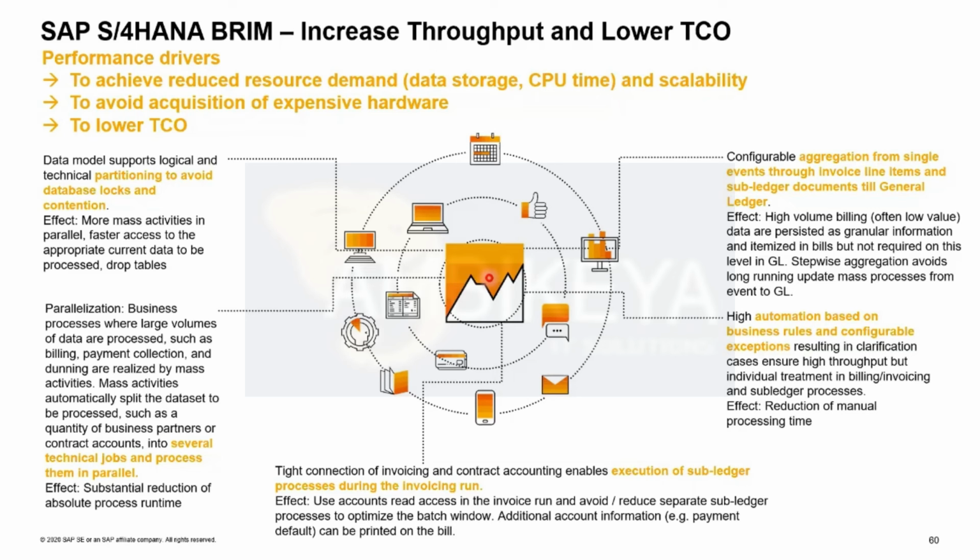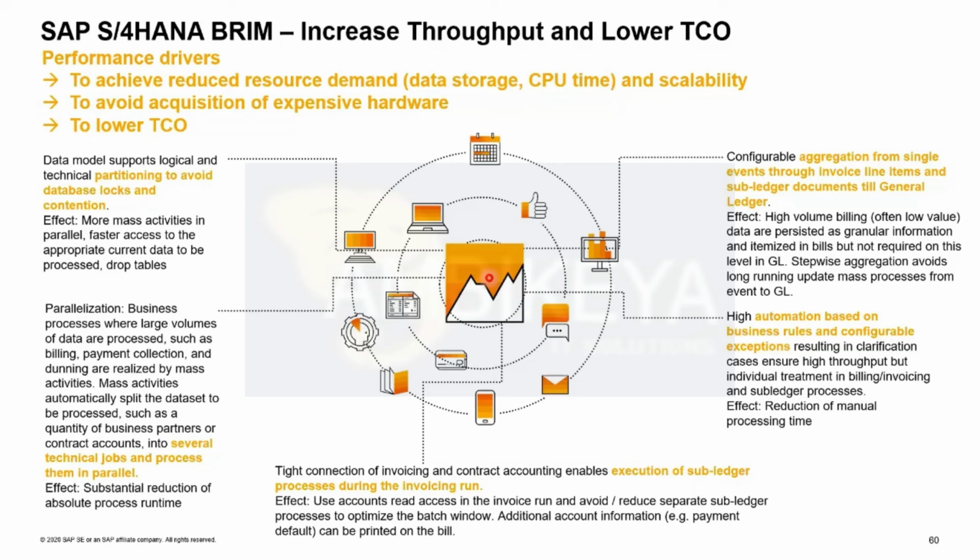So the business processes where we have large volumes of data and that shall be processed, such as billing, payment collection, dunning, are realized by these so-called mass activities. The mass activities automatically split the data set to be processed, such as quantity of business partners or contract accounts, into several technical jobs and process them in parallel.